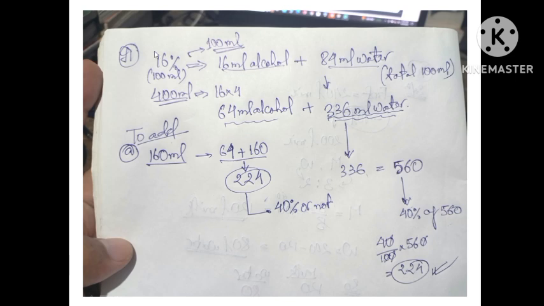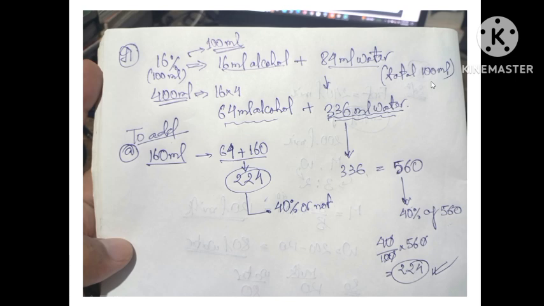Now I will explain. The mixture is 16%. 16% means in 100 ml, 16 will be alcohol and 84 will be water, because the total should be 100. 16 plus 84 is 100.